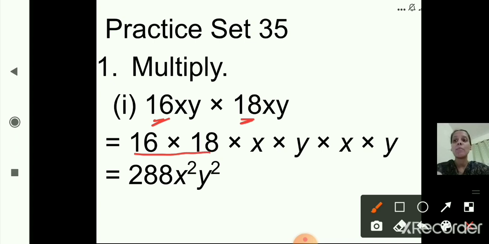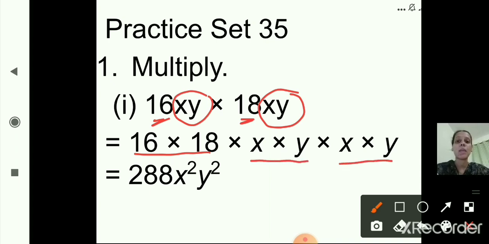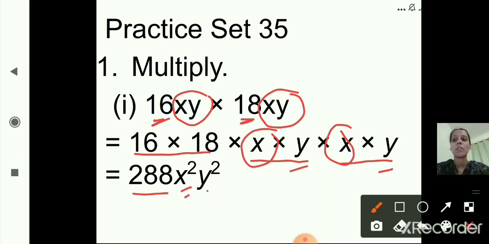Then we multiply the variables, x multiplied by y and here x multiplied by y. 16 multiplied by 18 is 288, right? Now x into x is x square, and y into y is y square. So the answer is 288 x square y square.